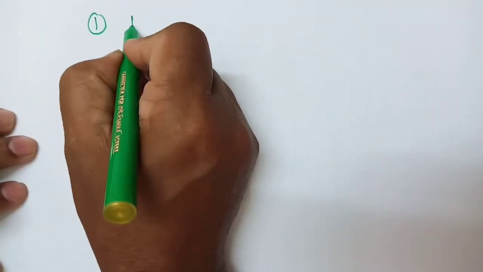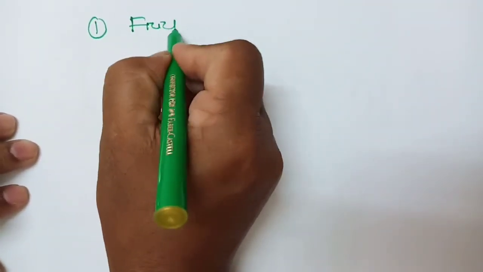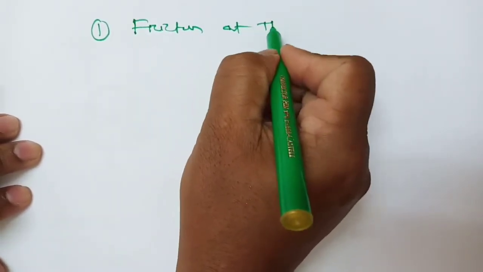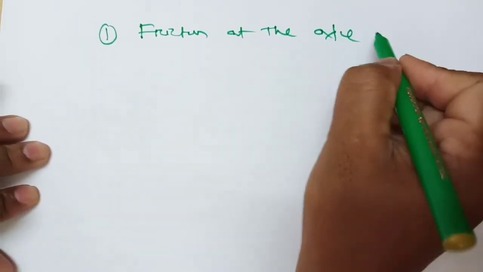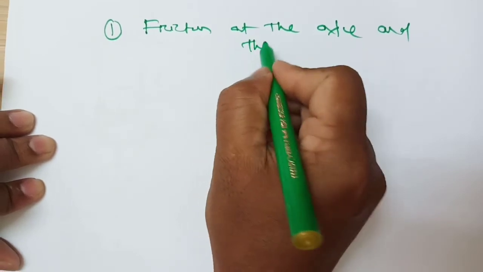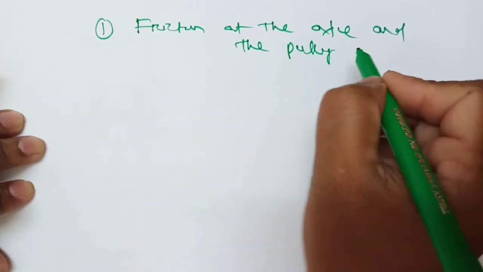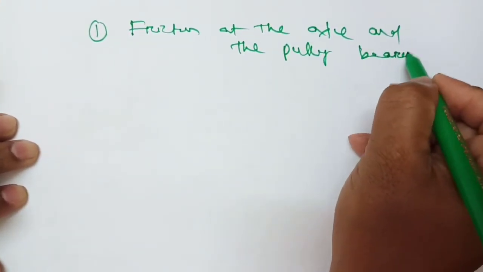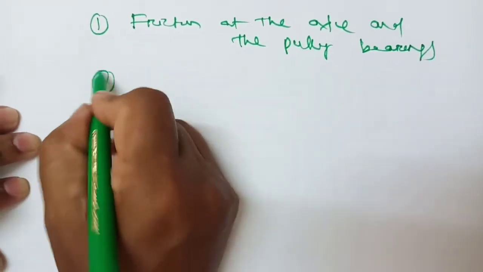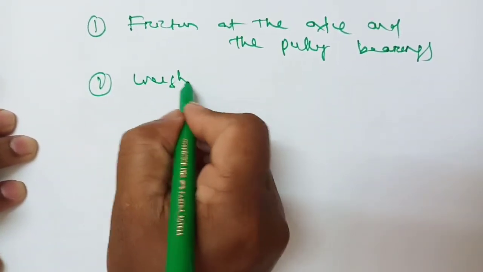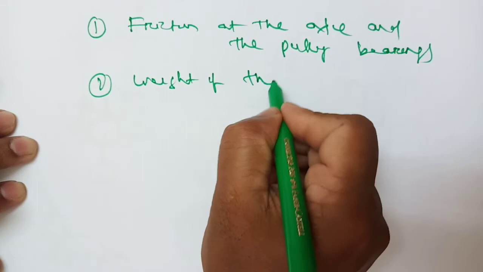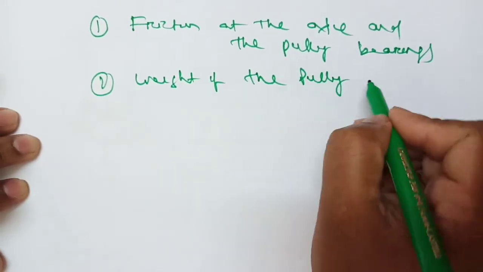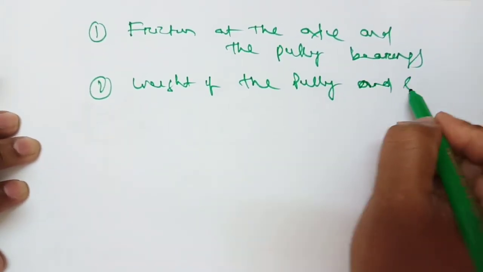number one point, friction at the axle and the pulley bearings. Second point, weight of the pulley and string.